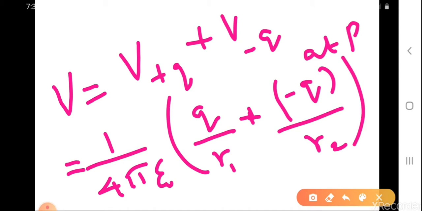You can refer to your notes from time to time. So, V is equal to V plus q plus V minus q, which is equal to 1 by 4 pi epsilon naught, q by r1 plus minus q by r2.